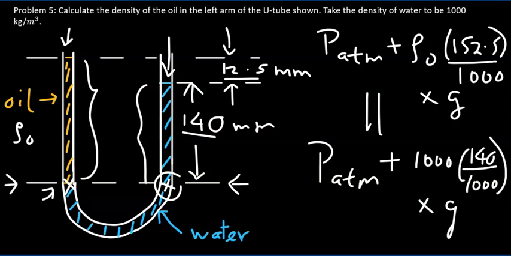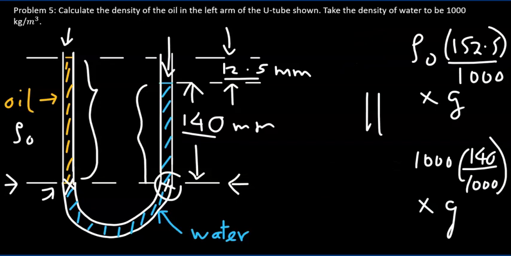And these two pressures must be the same because they are at the same level. So the left hand side and the right hand side of the equation contain the atmospheric pressure, so they go away, leaving us with these terms.